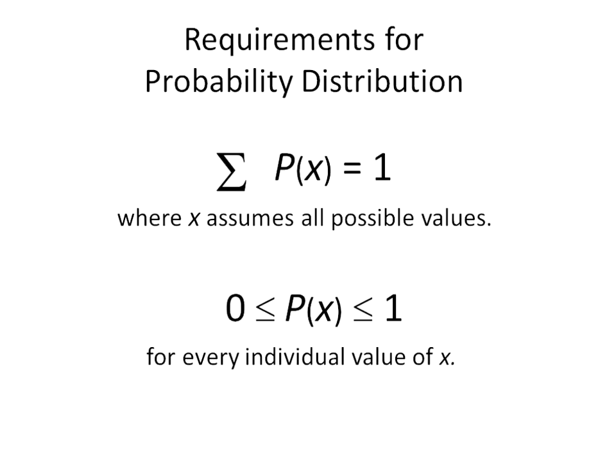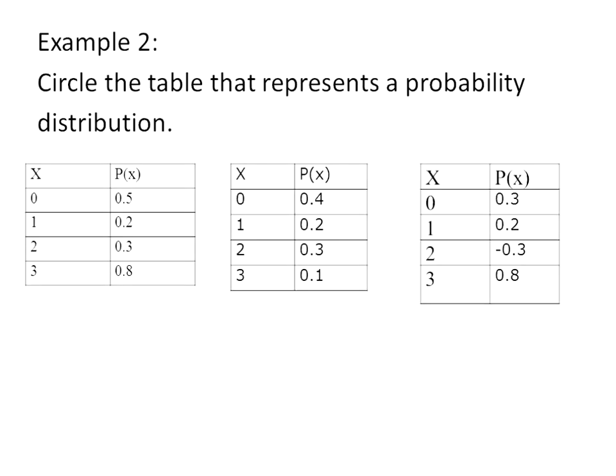Let me go ahead and take you to the next slide. That's what I was talking about as far as the rules. These are your requirements for a probability distribution, which I just talked about. Let's do a poll on this.